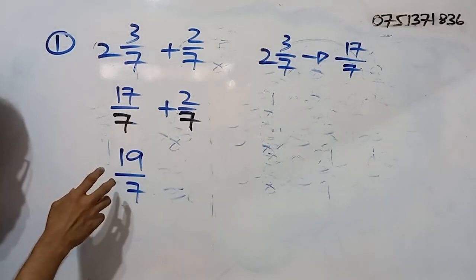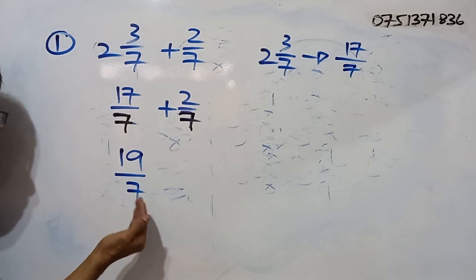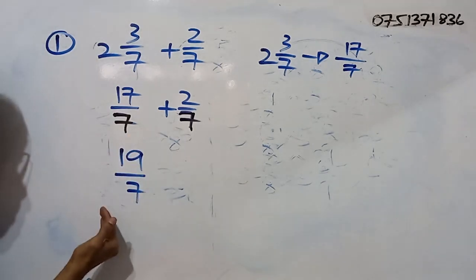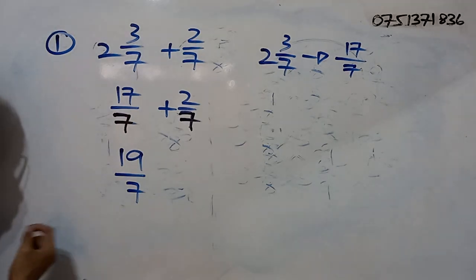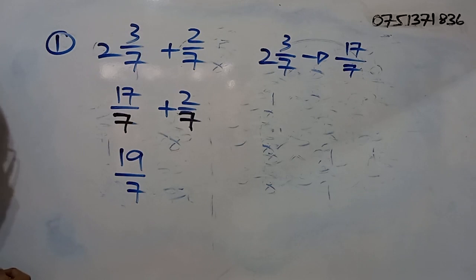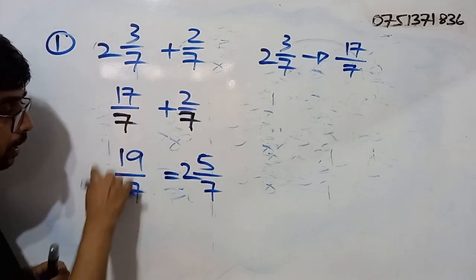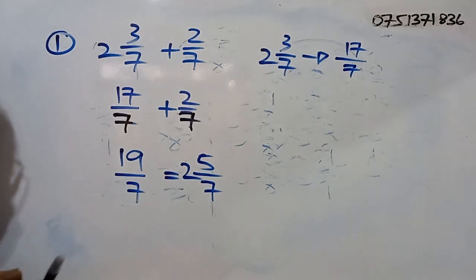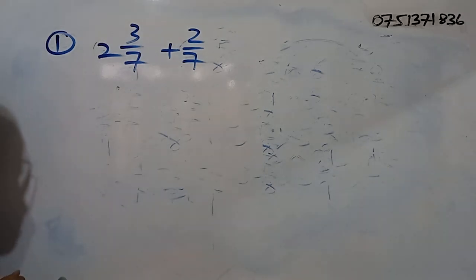So when we have an answer that is an improper fraction, what do we have to do? We always have to convert that into a mixed number. So 19 by 7, when we convert this into a mixed number, we get 2 and 5 by 7. There is another way we can come up with the answer.